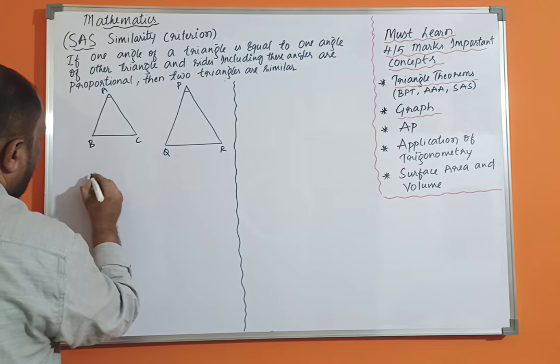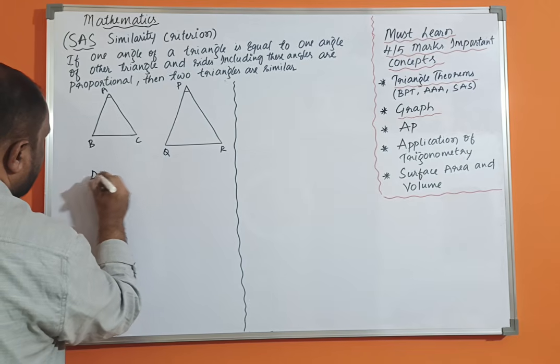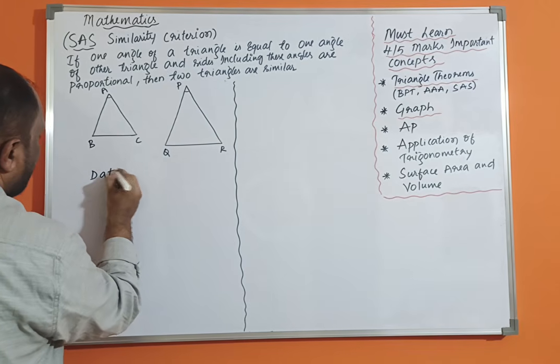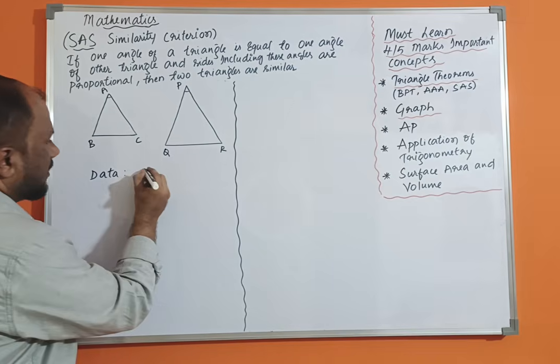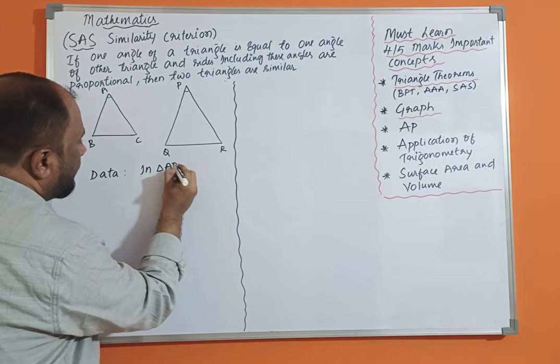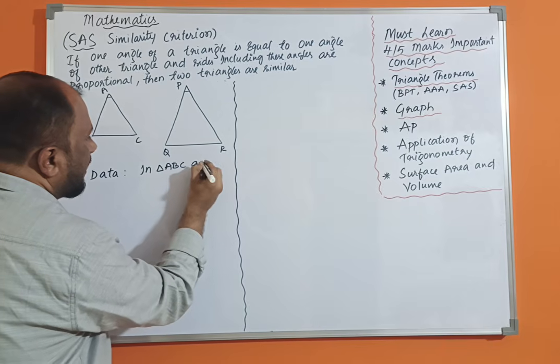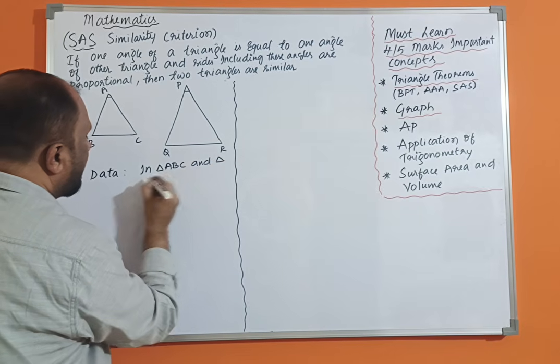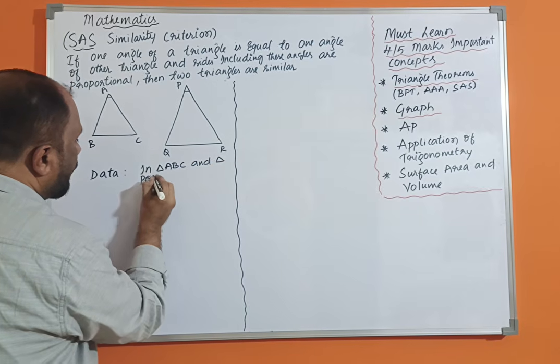Let us write the data given first. Data: triangle ABC and triangle PQR.